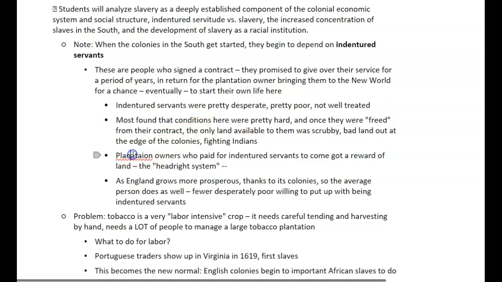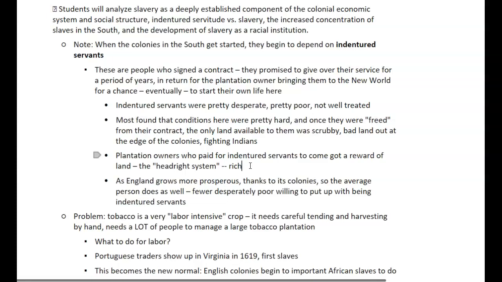So if you paid to bring over colonists, even if they were indentured servants, you not only had the guy who was your indentured servant, but now the colony would give you some free land as a reward for helping get the place settled.